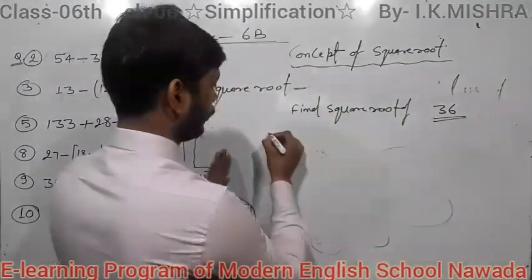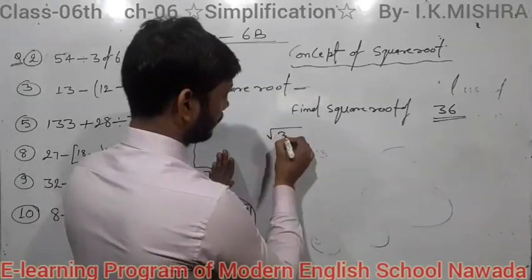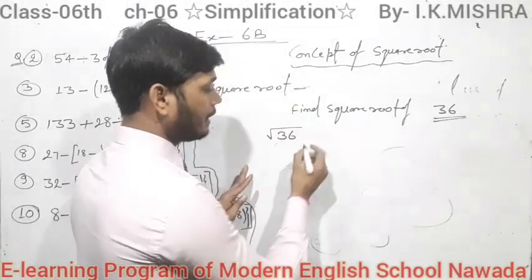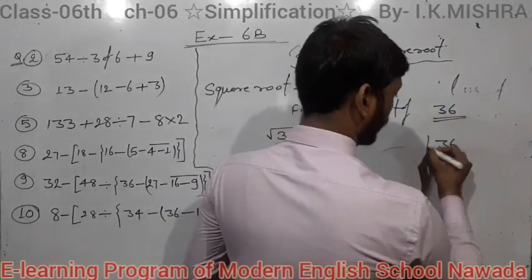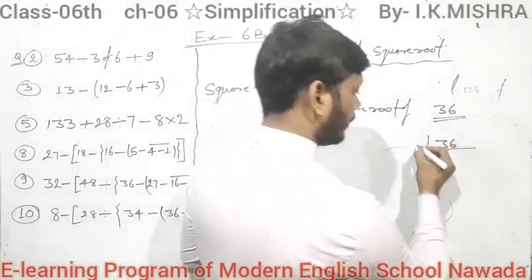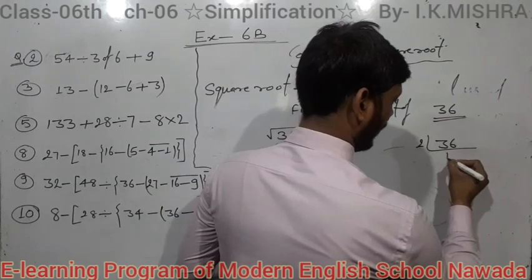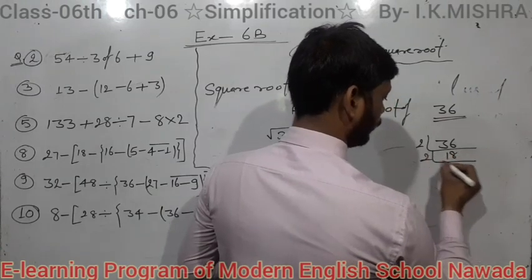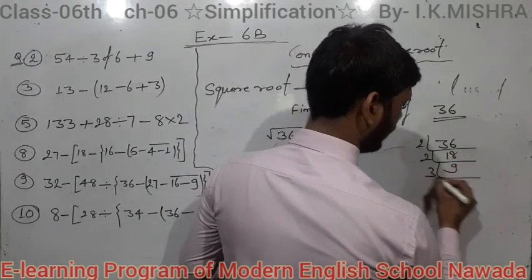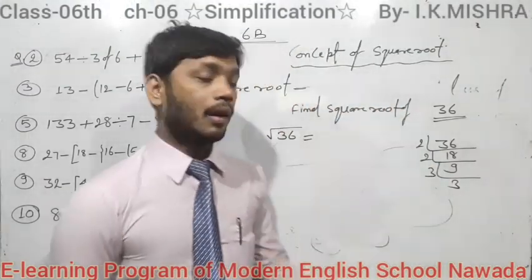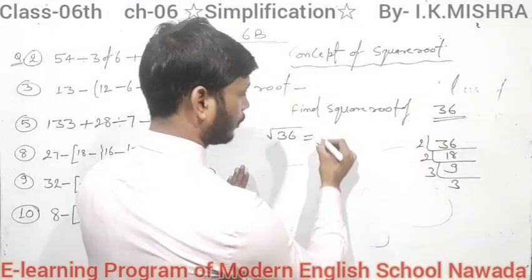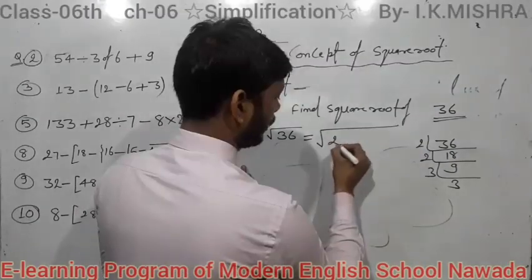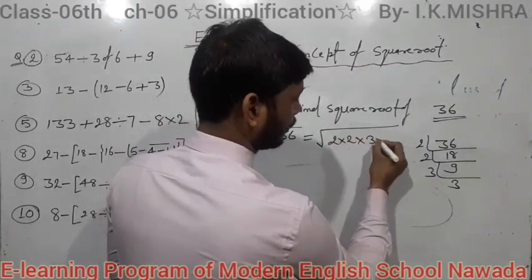That means you can write under root 36 is equal to, first of all find the prime factorization. Here 2, 18, here 2, 9, here 3 times. Students, it will be written as under root 2 into 2 into 3 into 3.